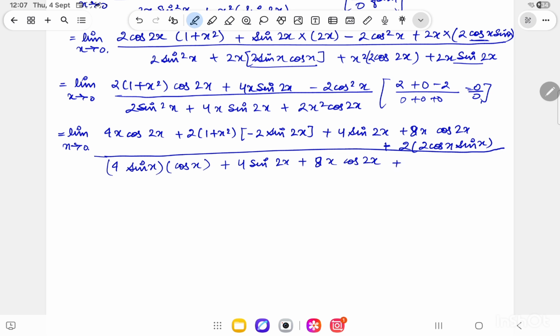So derivative of this will be 2 2s are 4x cos 2x plus 2x square minus 2 sin 2x.